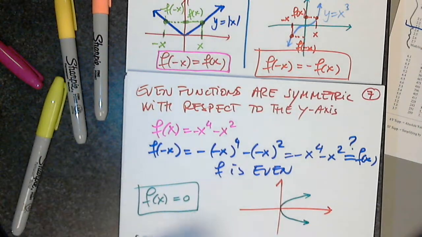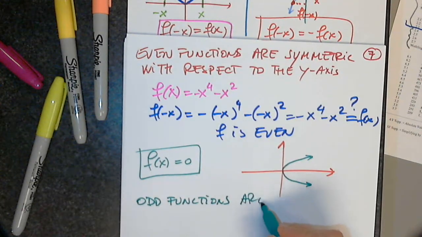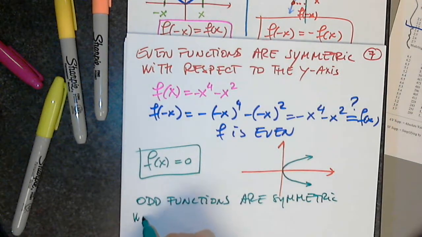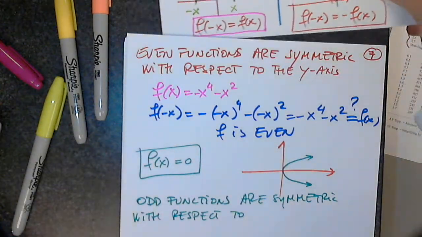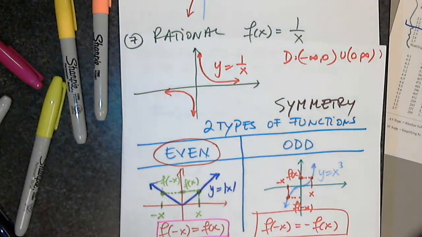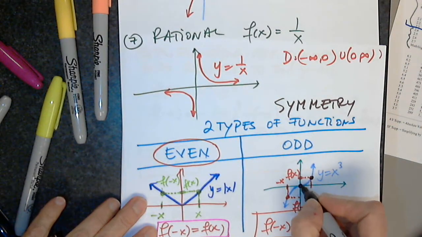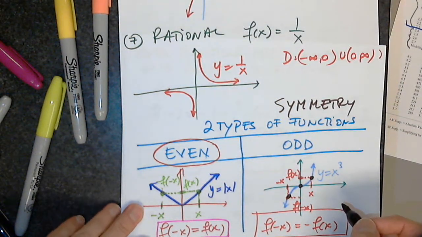So what do we conclude then? Then odd functions are symmetric with respect to, let me give you a hint. Here's my hint. This point and this point and this point have to be on the same line.